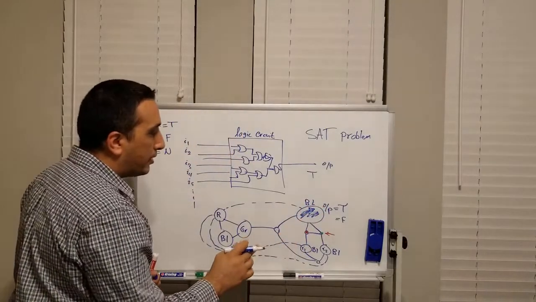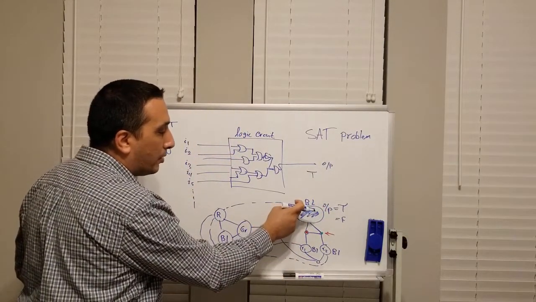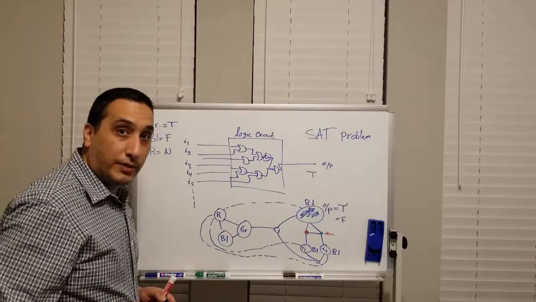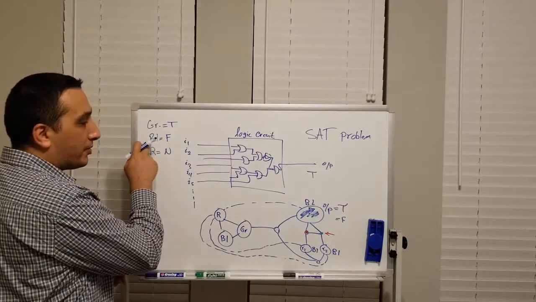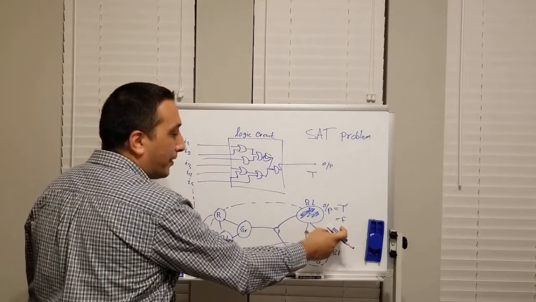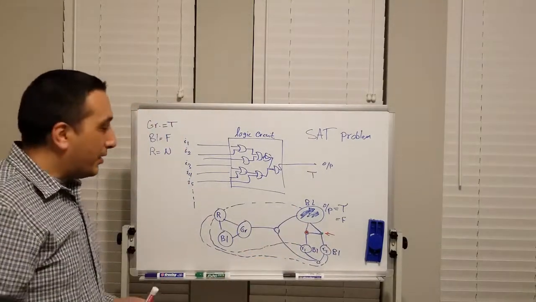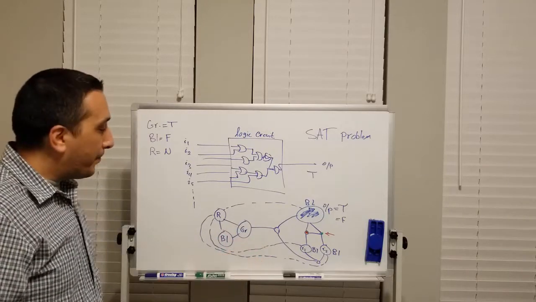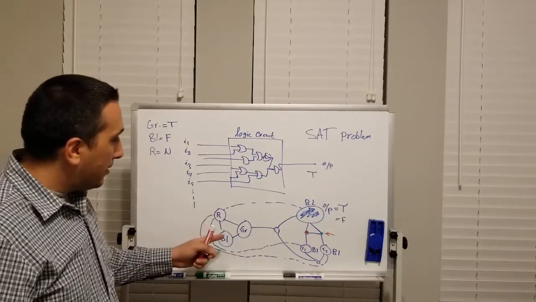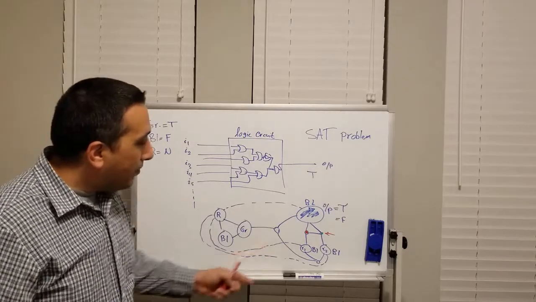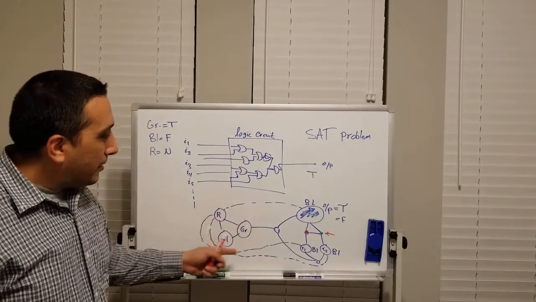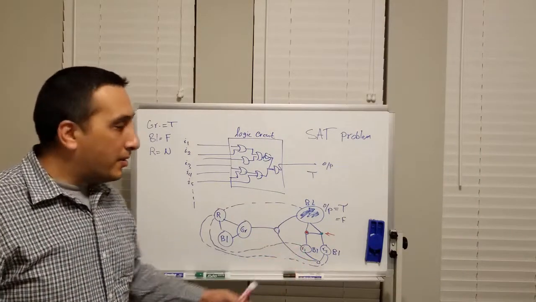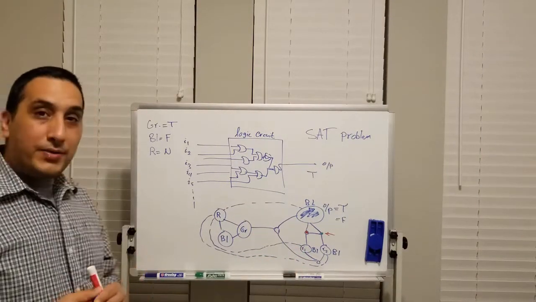Oh, wait. So if we assign the color blue to the top vertex, to the output vertex, blue means false. Oh, so the condition for the logic OR is also applicable here. This diagram is actually mimicking the function of the logic OR. That's great. That's great news to us.